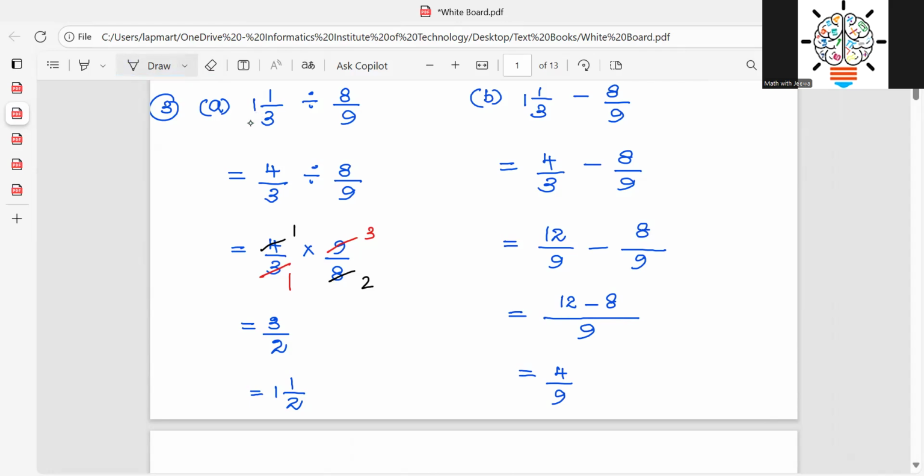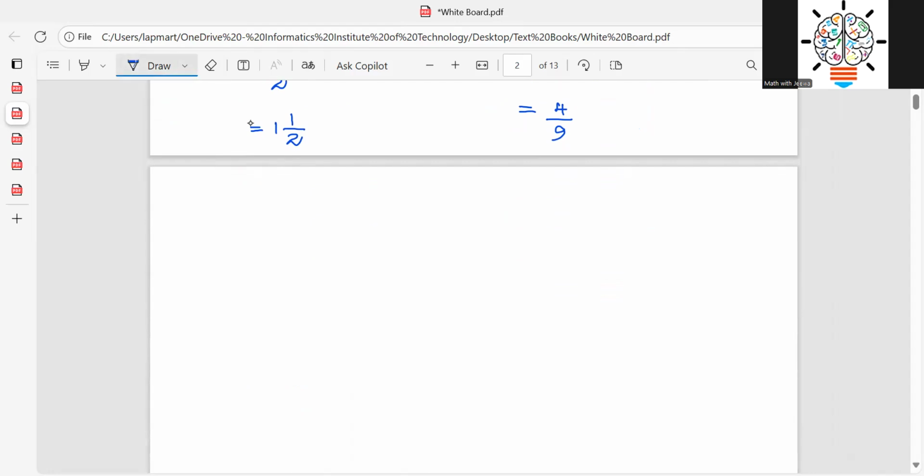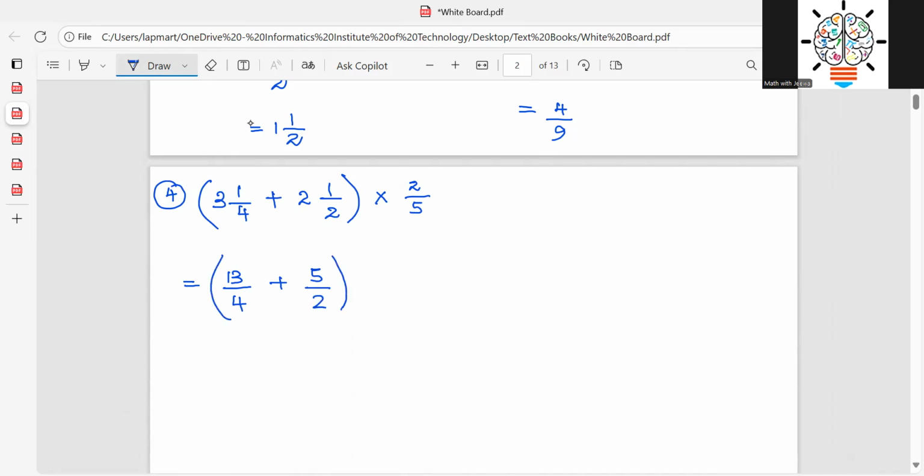Then we will move to question number 4: 3 and 1 over 4 plus 2 and 1 over 2, write the whole thing inside the bracket, and then 2 over 5. Here we have 13 over 4, then 5 over 2, still inside the bracket, and here 2 over 5.